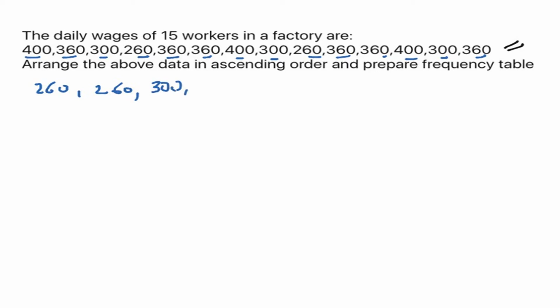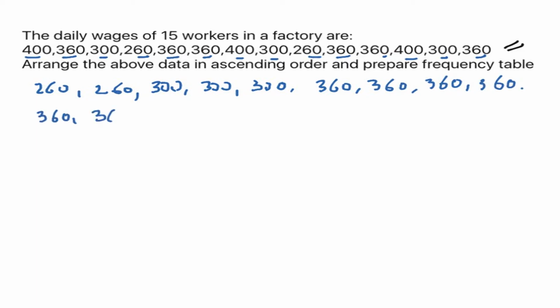So we will write over here 300. Then we have 360, 6 times. So we can count from the above data 360 6 times: 1, 2, 3, 4, 5, and then 6. Then we have 400, 400 we have 3 times.